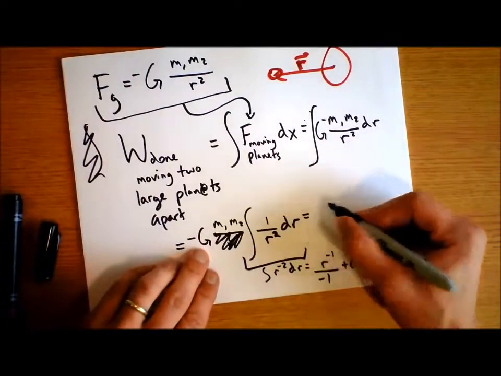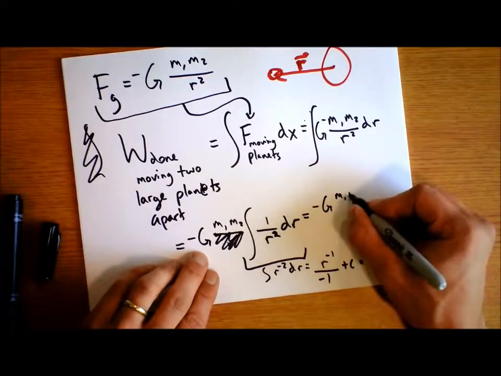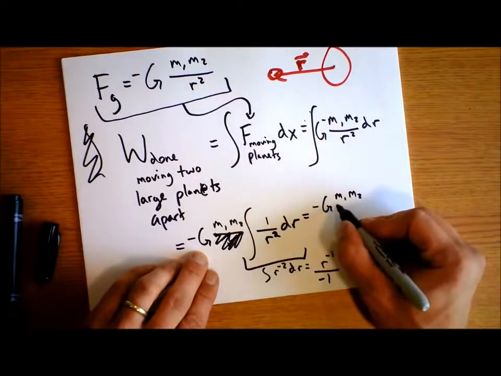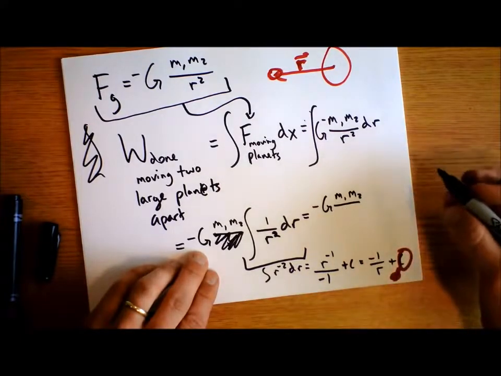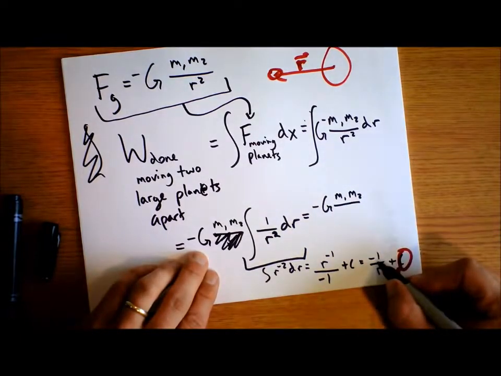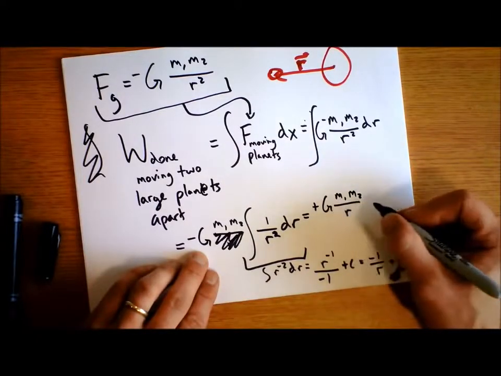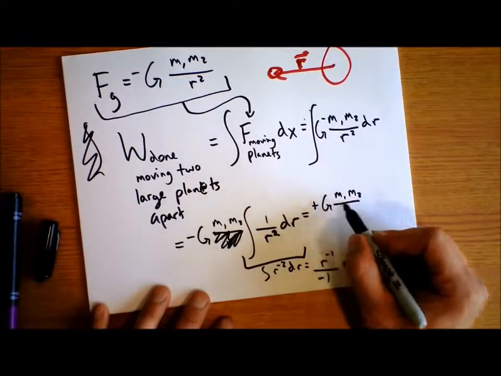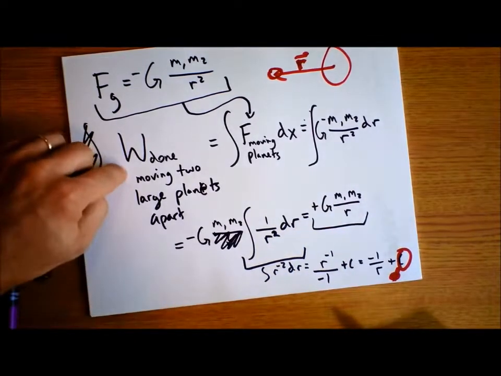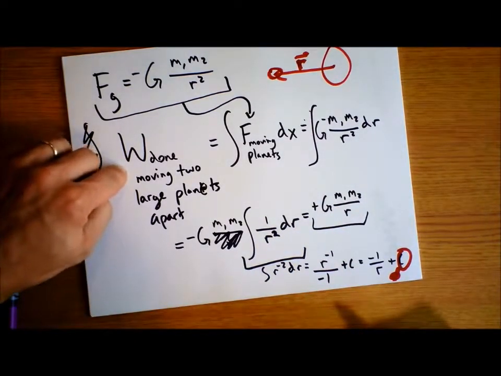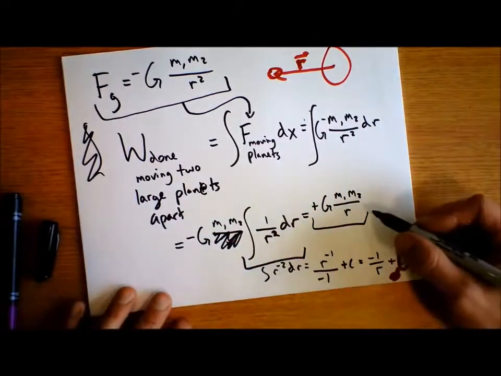So let's plug this in. I've got negative G times m1 times m2 divided by, well, there's another minus sign. See this minus sign right here? So we're going to make that a plus, divided by r, but not r squared. This is the work done while moving apart two large planets: G times m1 times m2 over r, not r squared.